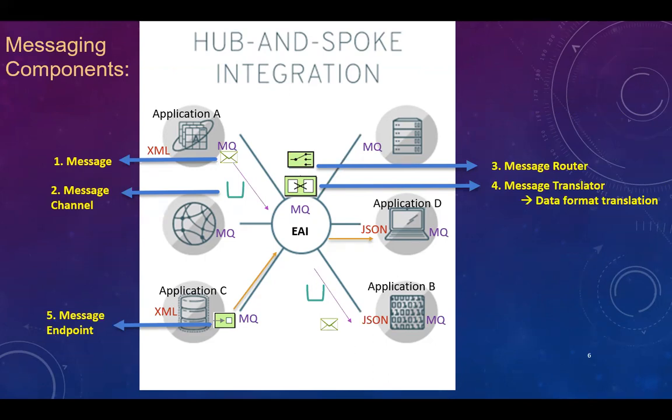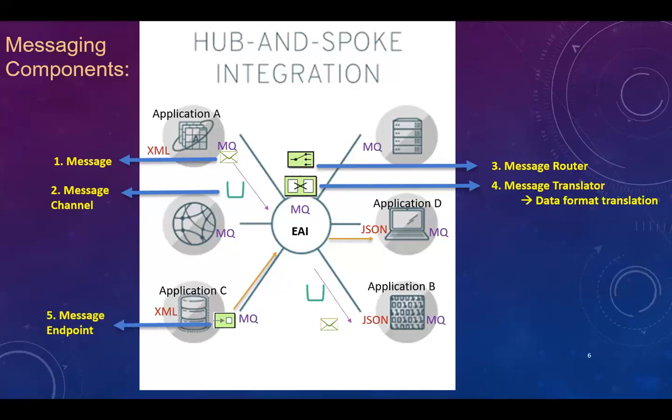In most scenarios, the EA software or messaging software provides this kind of messaging endpoint out of the box, and as a result that kind of coding would not be required.